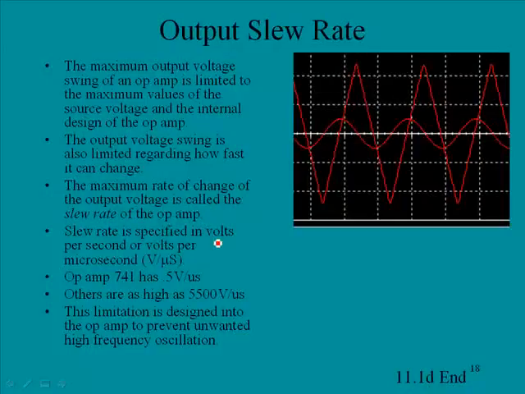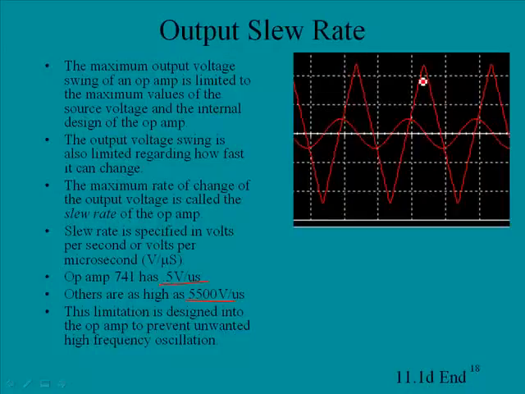Slew rate is specified in volts per second or volts per microsecond. So how many volts can it change in 1 microsecond of time? The 741 has a slew rate of 0.5 volts per microsecond. Others that support very high frequencies can go up as high as 5,500 volts per microsecond. This limitation is designed into the op-amp to prevent unwanted oscillations at high frequency.